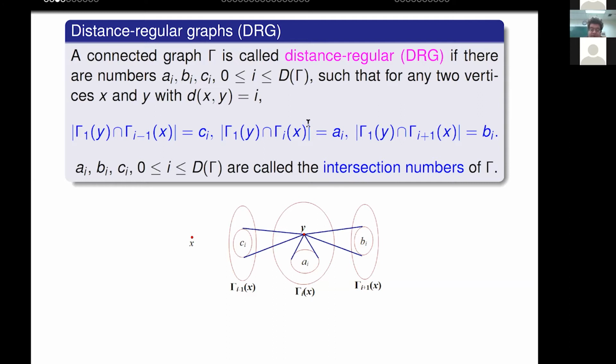So, for example, b_d is always 0, and c_1 is always 1, and b_0 is the valency.